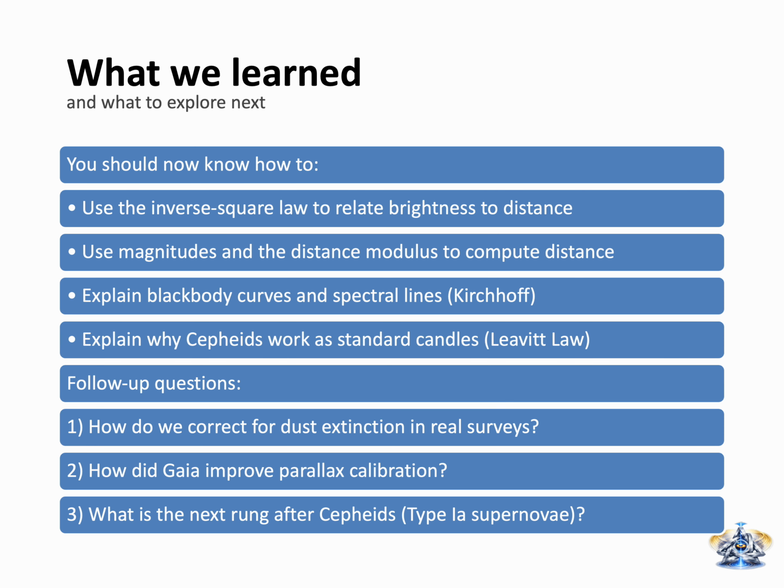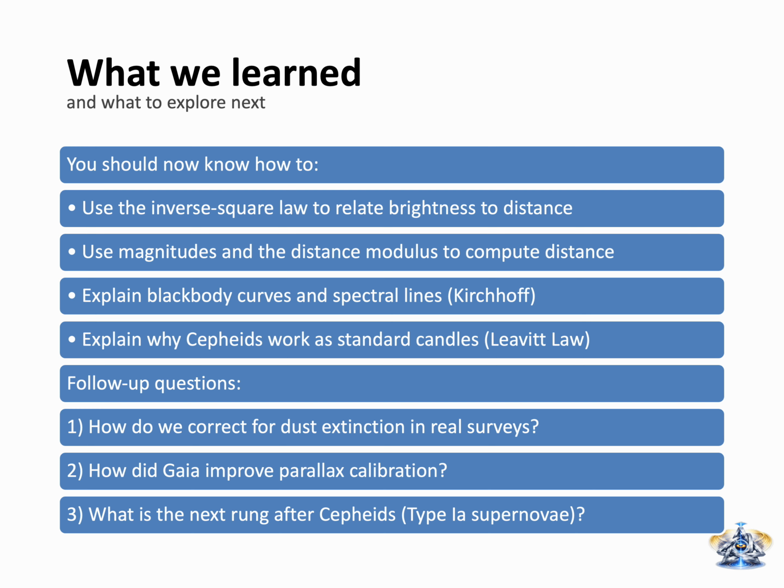Let's compress the whole story. Light spreads out. Flux drops as 1 over distance squared. Magnitudes are logarithms that make huge brightness ranges manageable. The distance modulus connects observed brightness to intrinsic brightness. Parallax anchors the ladder with geometry. Spectra tell us how to interpret and correct brightness across wavelengths.